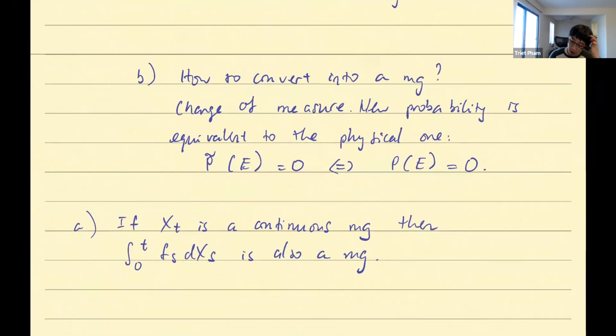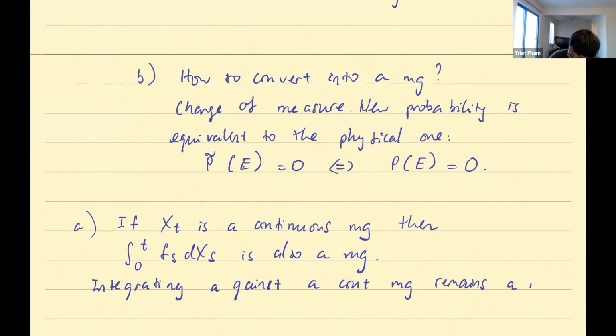So in other words, this is just saying that integrating against a continuous martingale remains a martingale. And by continuous, I mean continuous in path.